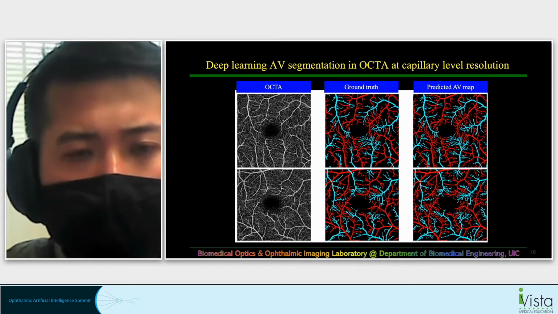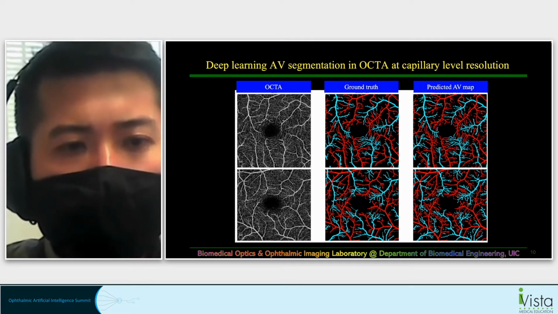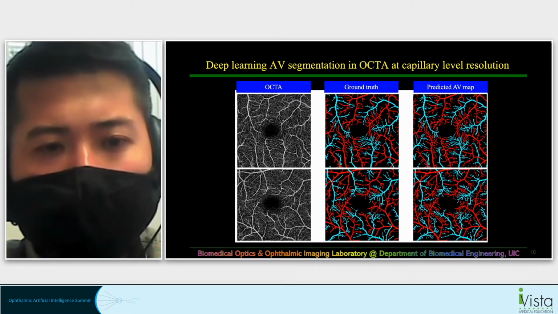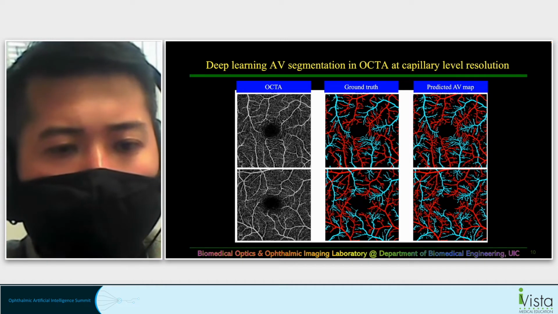In our recent study, we have explored the use of differential AV analysis for quantitative OCTA features. Different retinopathies may affect the capillaries first. Therefore, AV segmentation at the capillary level resolution may be important for clinical diagnosis.